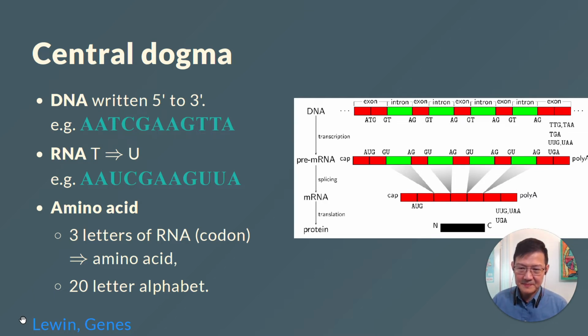Okay, proteins are three letters of mRNA get converted into 1 letter of a protein, an amino acid. Proteins have a 20-letter alphabet. Okay. Now, this is clearly a very cartoon picture. There are lots and lots of books written about this, and as I mentioned earlier, as we discover more about biology, a lot of this knowledge is being written as we speak.